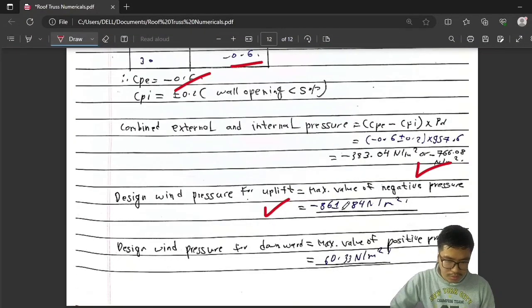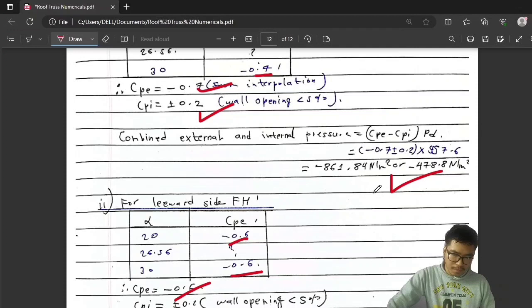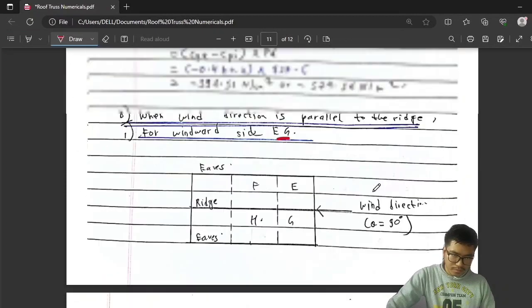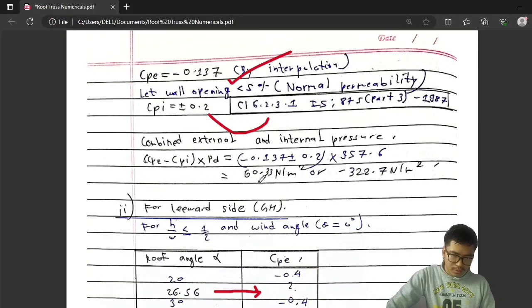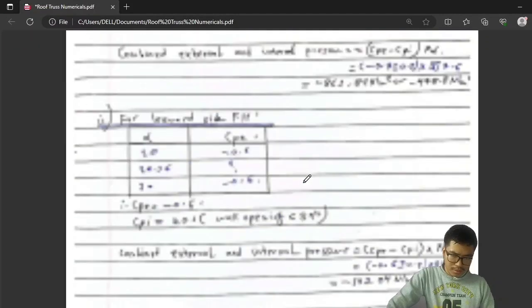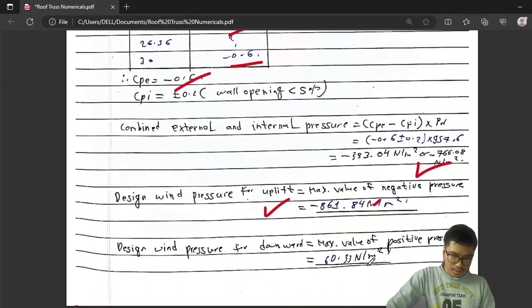So taken point it is minus 861.84 Newton per meter square, and design wind pressure for downward means maximum positive value is 60.33 Newton per meter square.